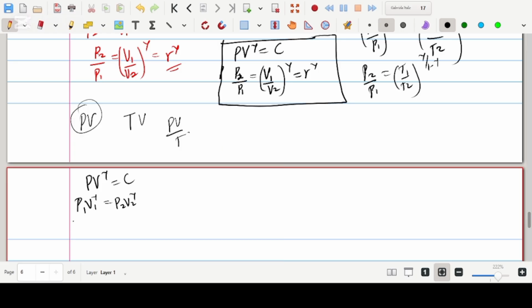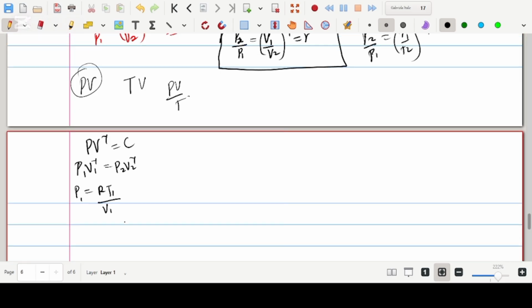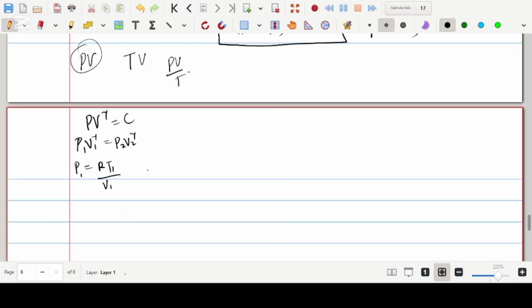Is that taken? So this one, P1 is now the same thing as RT1 over V1. Nice one. Same thing goes to P2 is equal to RT2 over V2.